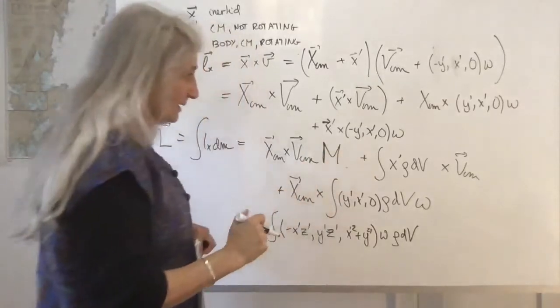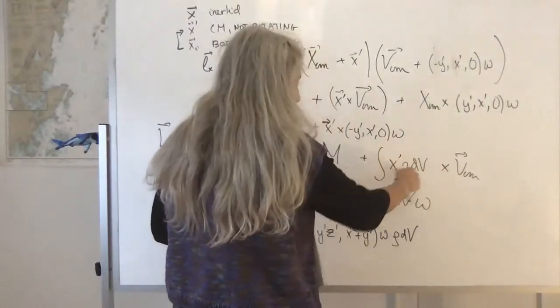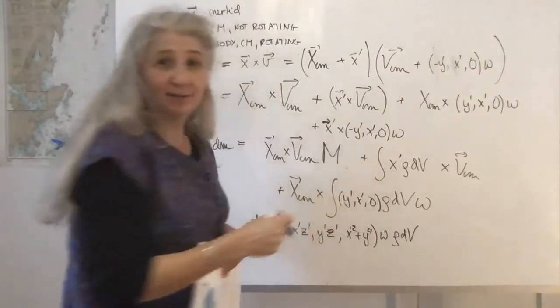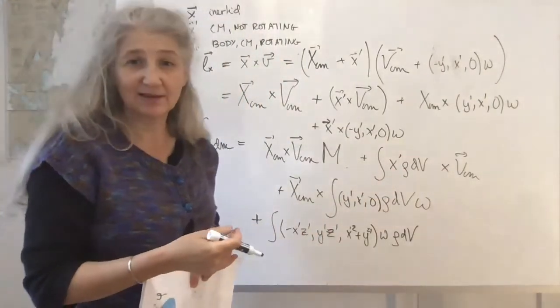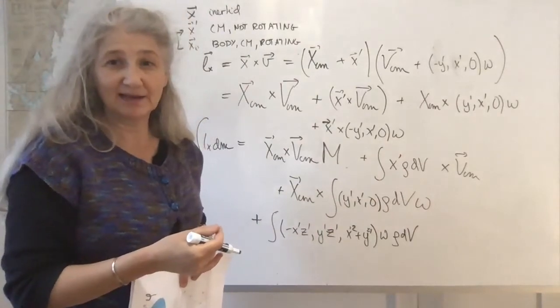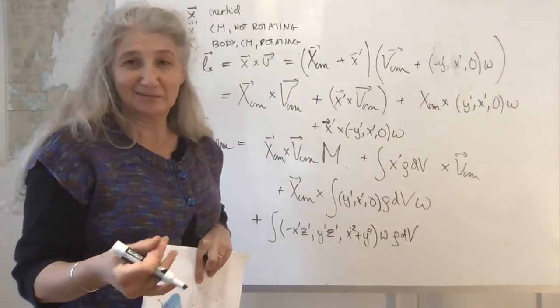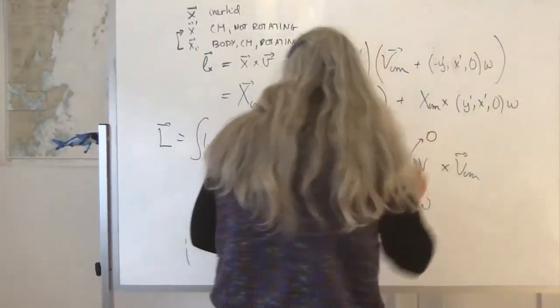If you look at this, it is x integrated over the mass, but we specified that this x prime coordinate system is with respect to the center of mass. So if we integrate up x times rho, we'll get 0 because that's the center of mass position. So this is going to be 0.